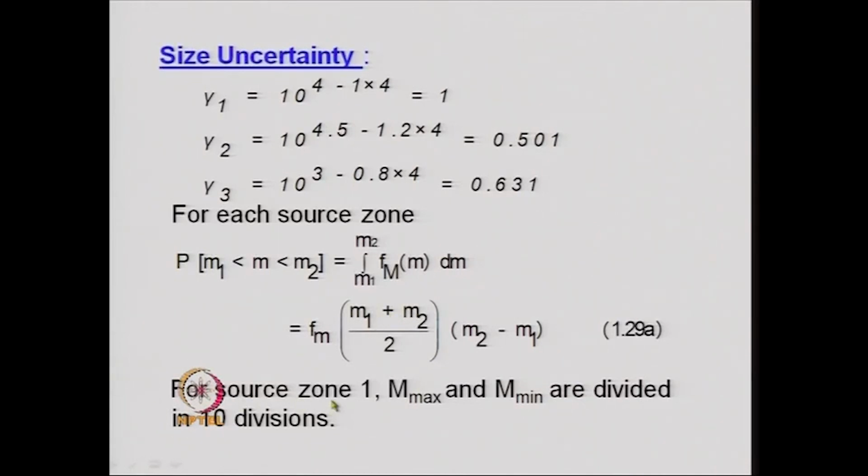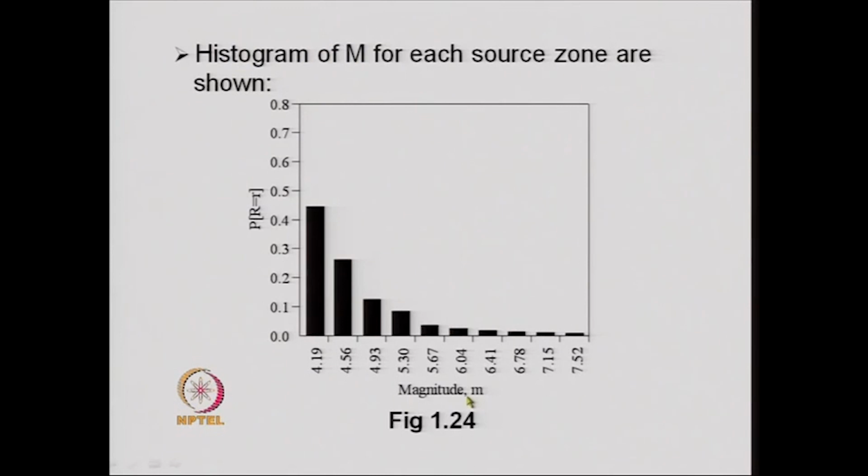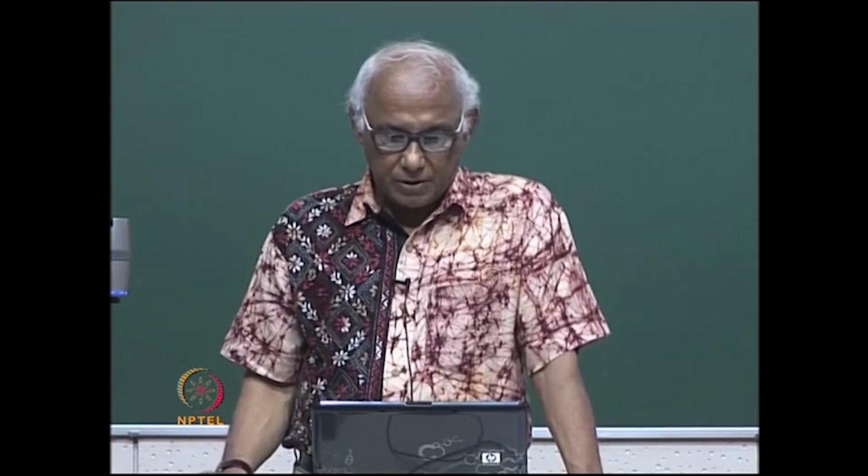So for source zone 1, M max and M minimum are divided again into 10 divisions, and the center of the division is considered as one magnitude. That way we get 10 such magnitudes, and one can find out the probability of occurrence of a certain magnitude of earthquake, and that magnitude of earthquake will be referred to the magnitude which lies at the center of the division.